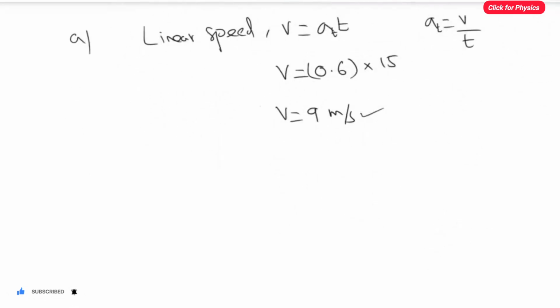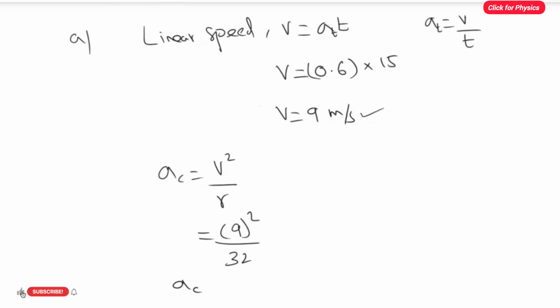The formula for centripetal acceleration is v square over r. So here v square is 9 square, divided by the radius of the circular track, which is given in the question as 32 meter. When I divide 9 square by 32, I got the centripetal acceleration value as 2.53.